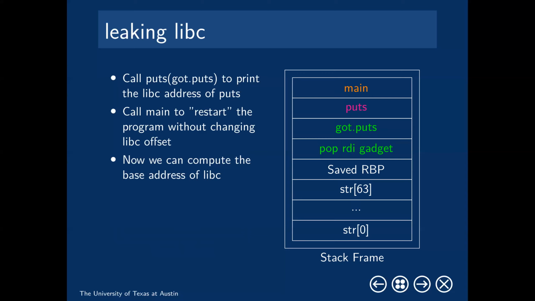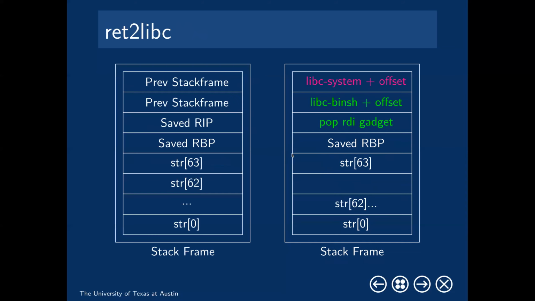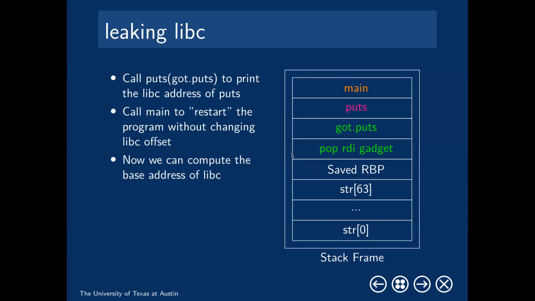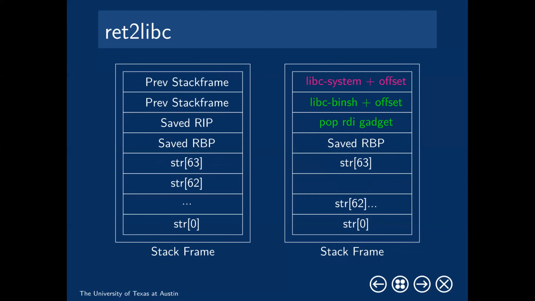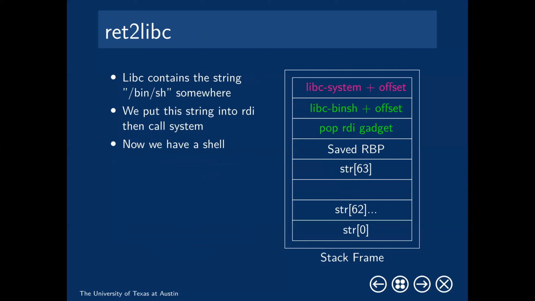So now we can compute the base address of libc, and we can just do another ROP chain in the same vulnerable function, right? After we've done this, we now know what the libc offset is, and then we could do something like this: pop RDI, libc binsh plus offset, and then libc system plus offset, right?